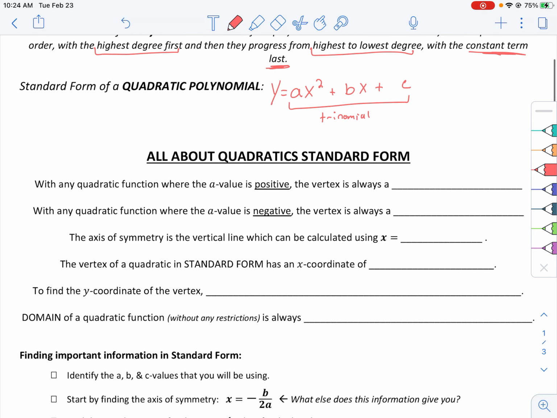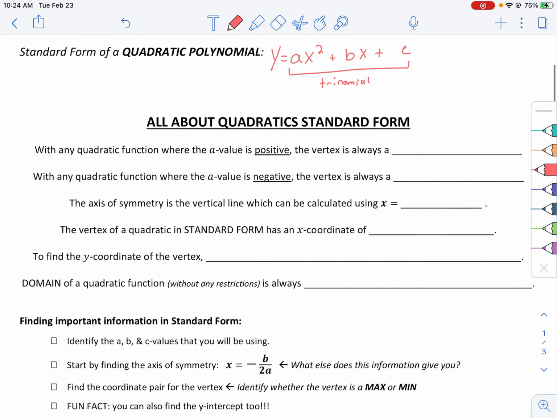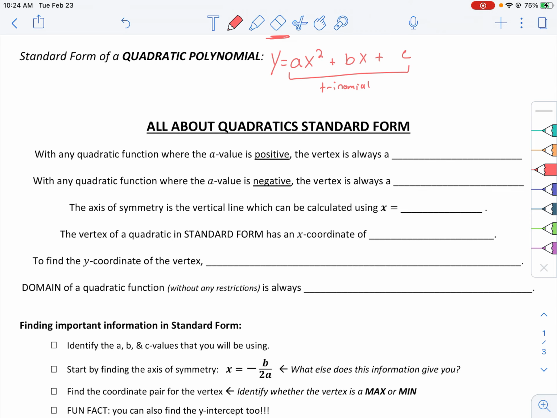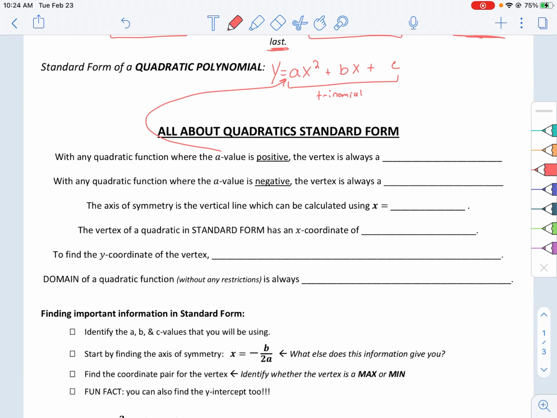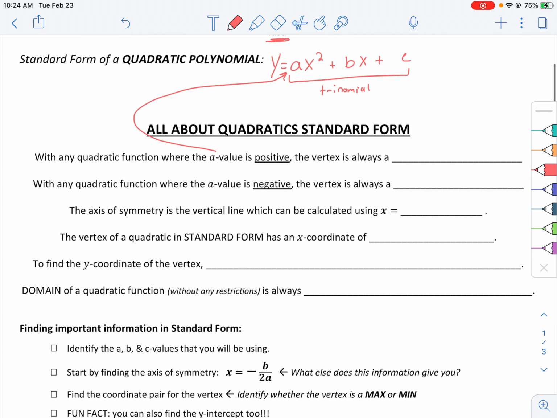So, all about the quadratics in standard form. With any quadratic function where the a value is positive, meaning this value out front is positive, the vertex is always going to be a minimum.